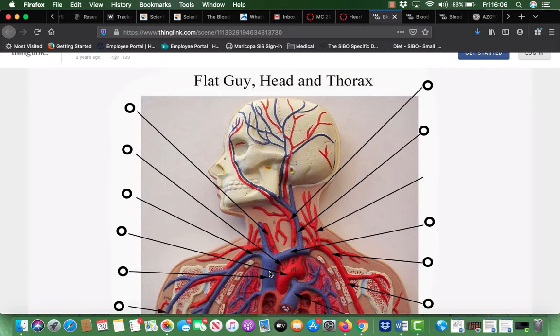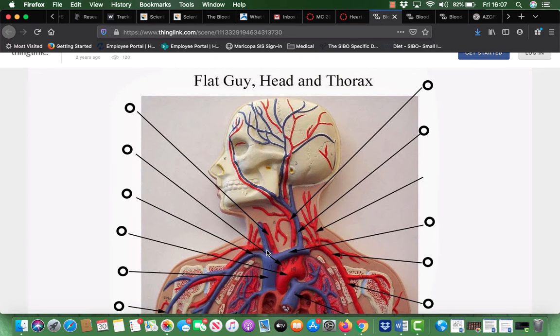So remember here, we have the superior vena cava. That's going to be bringing deoxygenated blood into the right atrium. So that's going to be your first one, superior vena cava, right? Okay, and then here you're going to have these branches coming off. But this time, you're going to have the subclavian coming off of the left. So it's kind of backwards, right? So now you have the subclavian.